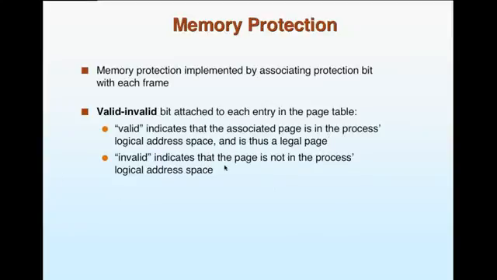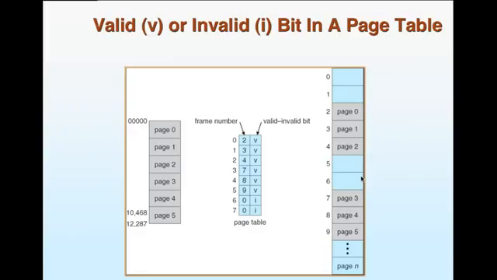An invalid bit indicates that the page is not in that process's logical address space. If it's invalid, it's being used by somebody else. Somebody else loaded it up and is using it because it was sitting there empty, and we don't have any internal fragmentation going on. So yeah, it was empty, it wasn't being used, so we're going to make use of it for something else. Because we don't care about fragmentation, and we don't care about contiguity. It's not contiguous, so we can use anything we want at any time.